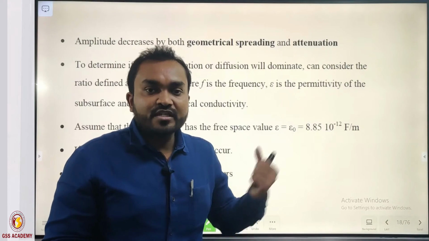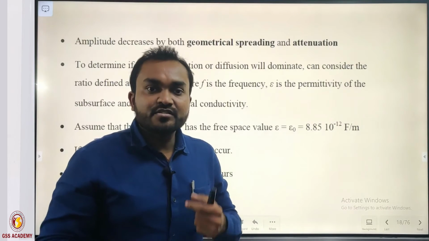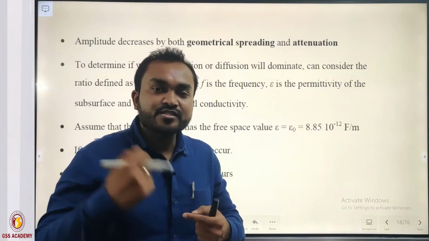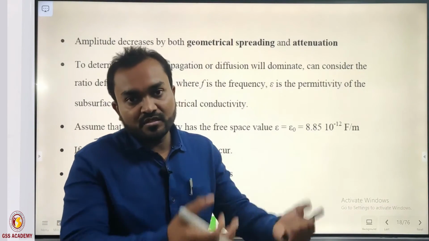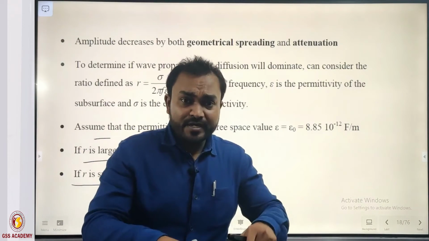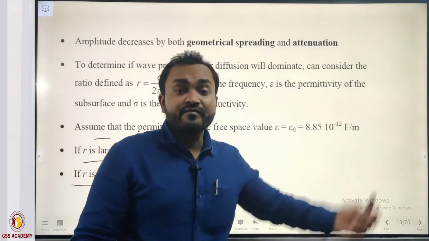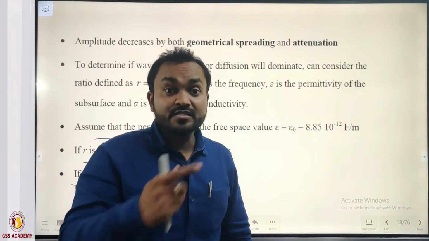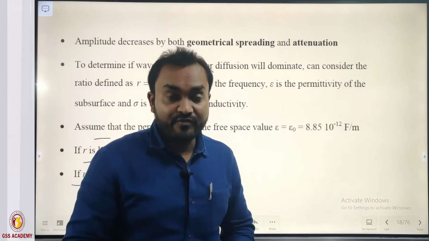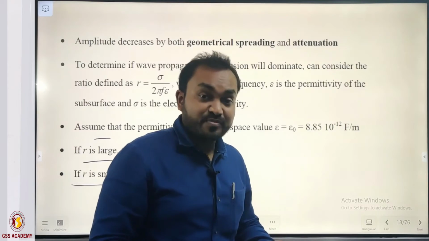These are the reasons for decreasing amplitude in diffusion. In the case of an electromagnetic wave with geometrical spreading, if conductivity is 0, obviously that holds; if conductivity is there, then other phenomena will happen, that we will see in our next part.